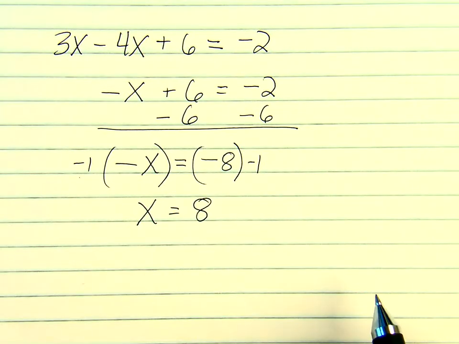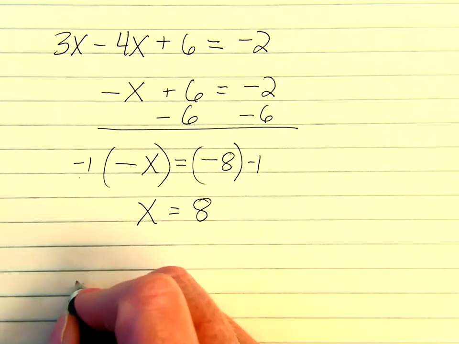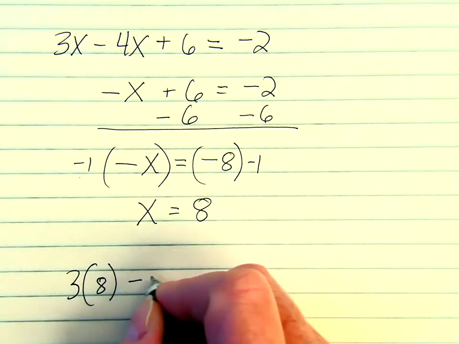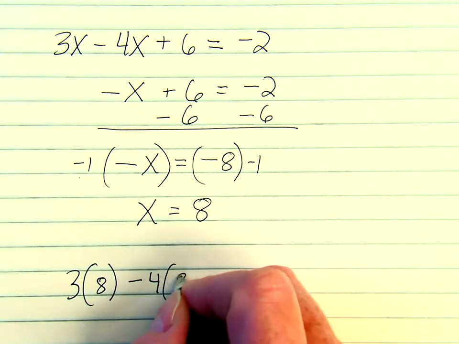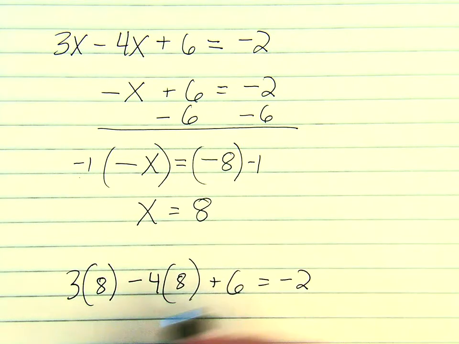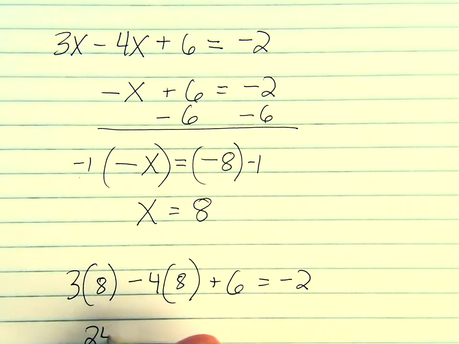Let's go ahead and let's check that, okay? So we have 3 times 8 minus 4 times 8 plus 6 equals negative 2. So this is 24 minus 32 plus 6 equals negative 2.